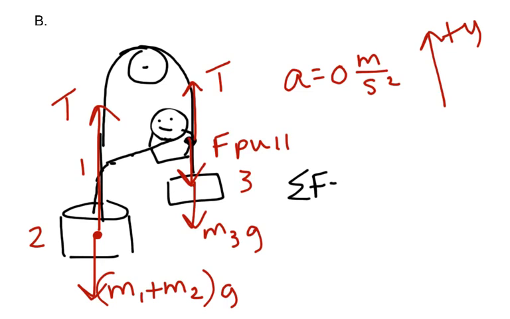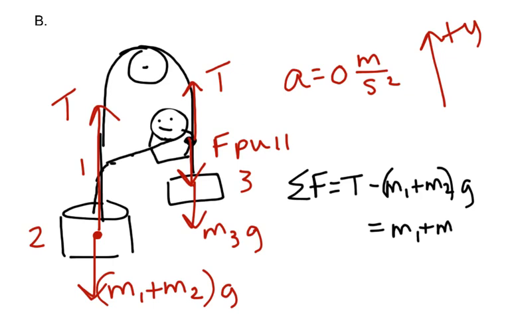That would be the tension, which is upward, minus their mass, m1 plus m2, multiplied by g, and that would be equal to the mass of the person in the bucket times their acceleration. Of course, their acceleration is 0, so that whole thing is equal to 0.